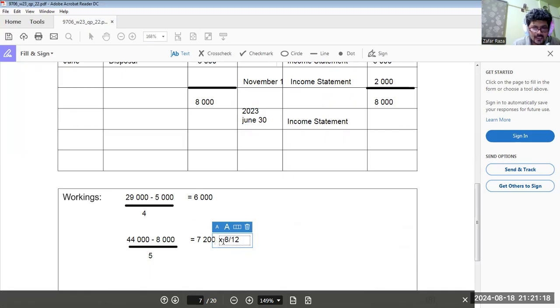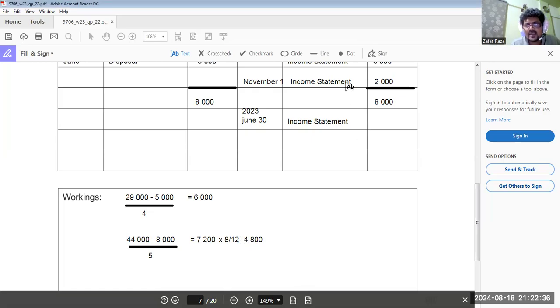So that would be how much? 7,200 multiplied by 8 divided by 12. Okay. So that would be 4,800, 12 months.